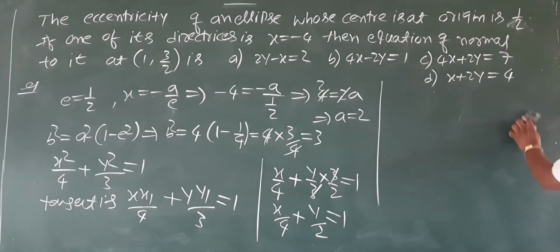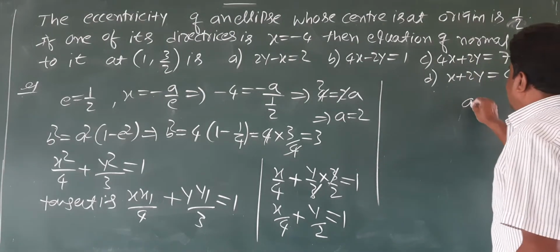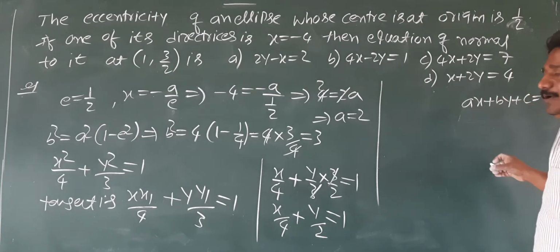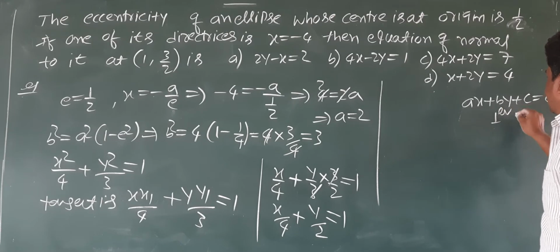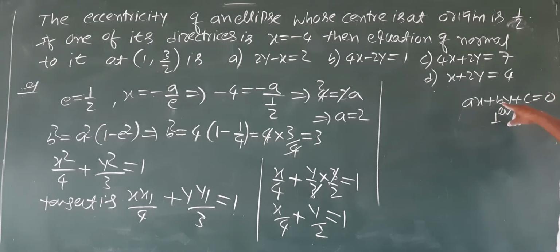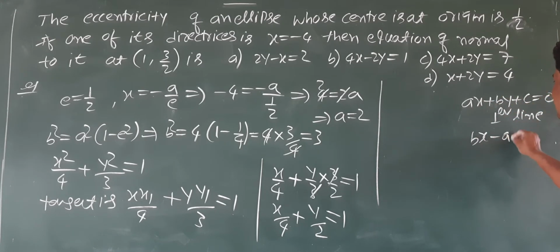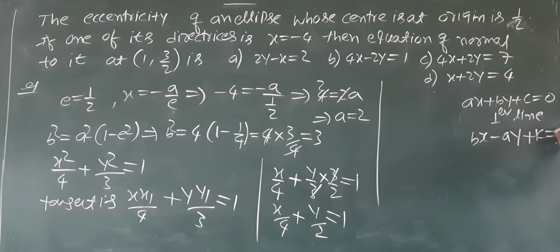So this you know very well, students. ax plus by plus c is equal to 0 represents a straight line. A line perpendicular to this is bx minus ay plus k is equal to 0. Let us follow this rule.